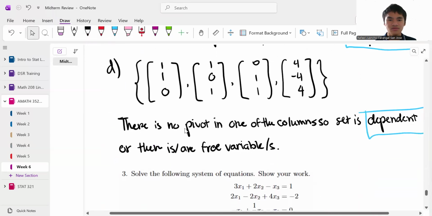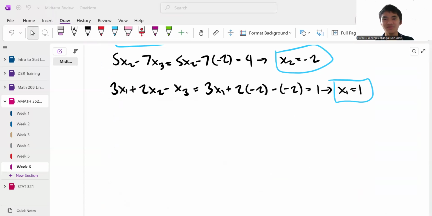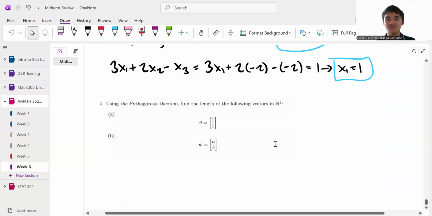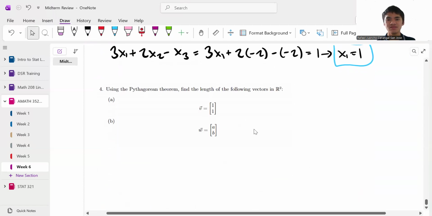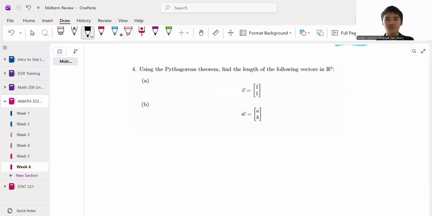Okay, that's number three. And I think the last one, yeah, last one's pretty self-explanatory. So this one is something that I did a little bit before when I was reviewing. So again, we go back to this idea of Pythagorean theorem. And well, what do we know?